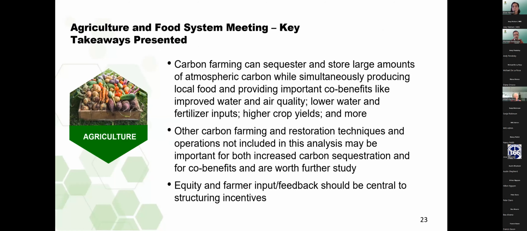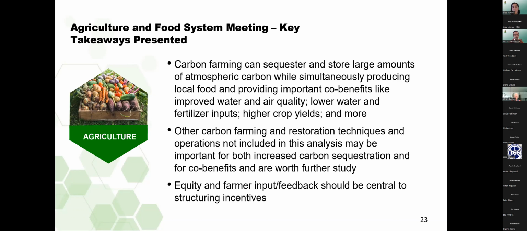In addition to the natural climate solutions and land use sector workshop, we held a meeting with the agricultural community to focus on the agriculture sector and the food system. Some of the key takeaways that were presented are that carbon farming can sequester and store large amounts of atmospheric carbon while simultaneously producing local food and providing important co-benefits like improved water and air quality, lower water and fertilizer inputs, higher crop yields, and more.